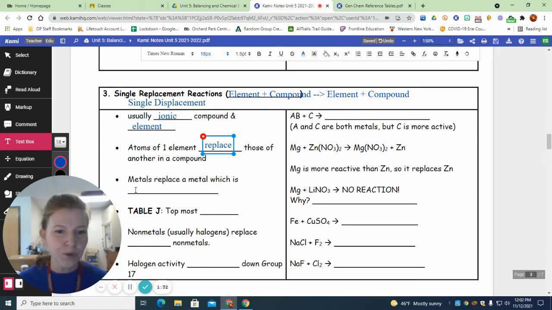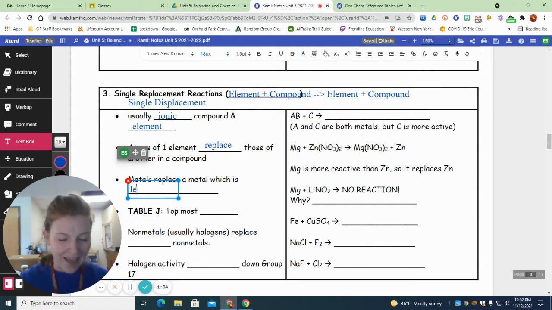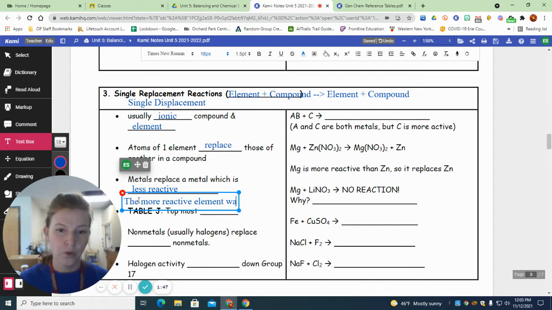So a metal will replace a metal which is less reactive. In other words, the more reactive element wants to be in the product.